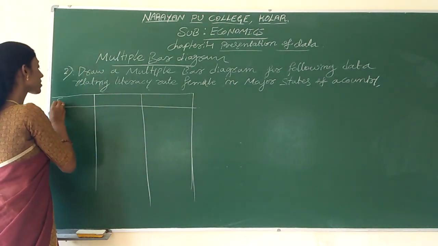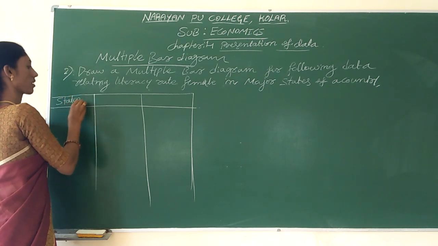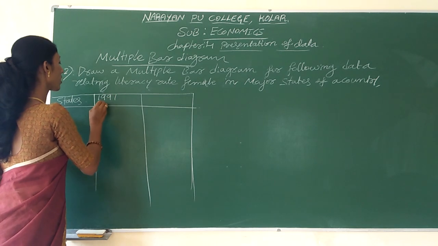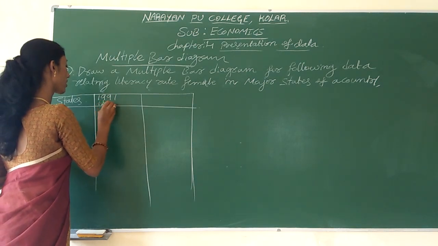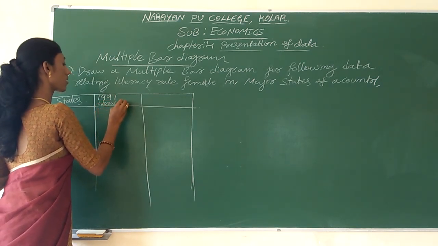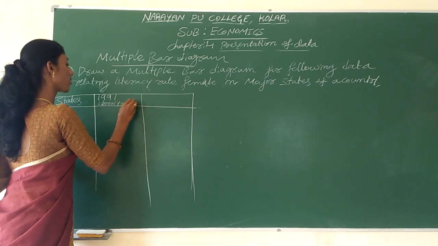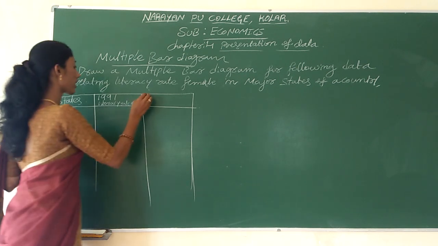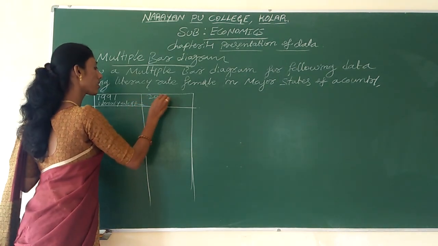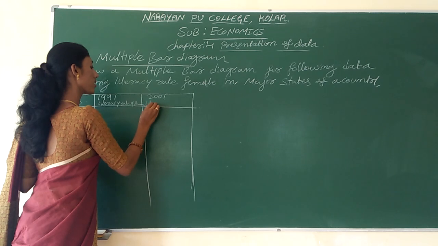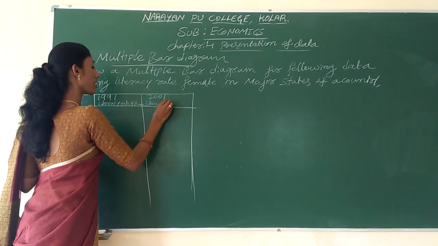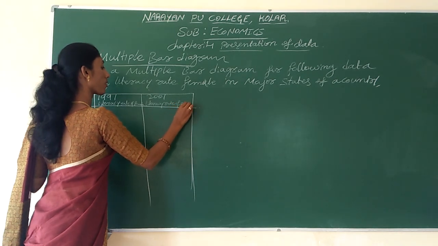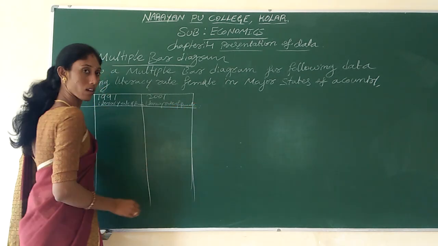The first column is states, the second column is the 1991 literacy rate of females, and again the third column is the 2001 literacy rate of females.